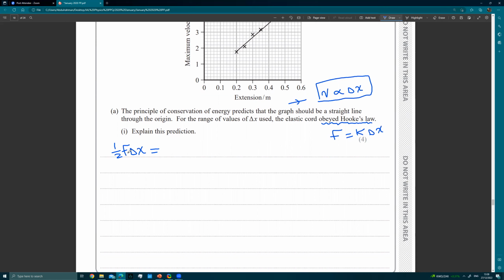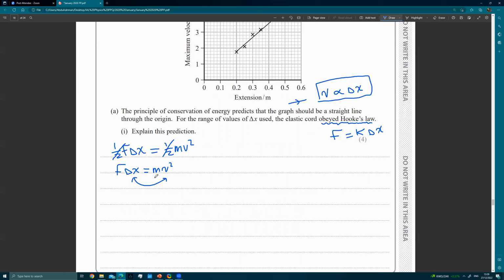No work is done against frictional forces, so it equals kinetic energy, which is half mv squared. The halves cancel out, so you get force times extension is equal to mass times velocity squared. This is a slightly useless equation. In fact, it shows the opposite, because just by looking at this, you could see that velocity squared is proportional to extension. You don't want any squared. You just want velocity is proportional to extension.